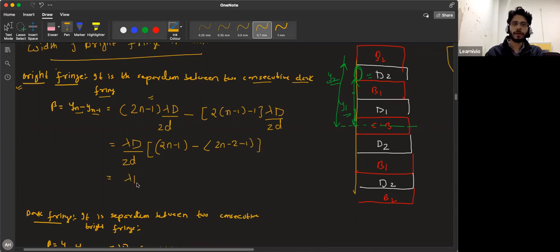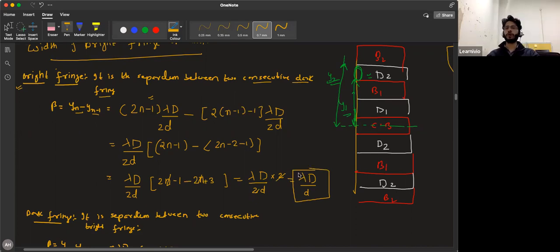So this is lambda D by 2d times (2n minus 1 minus 2n), and minus 2 minus 1 is plus 3 here. So the 2n and 2n will get cancelled out. You have lambda D by 2d, and 3 minus 1 is 2. So this 2 and 2 will get cancelled out, and you have lambda D by d. So this is the fringe width.